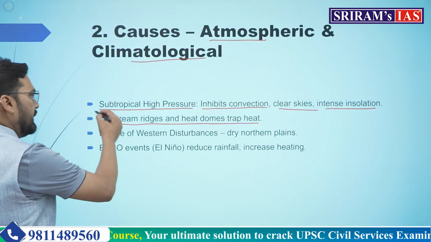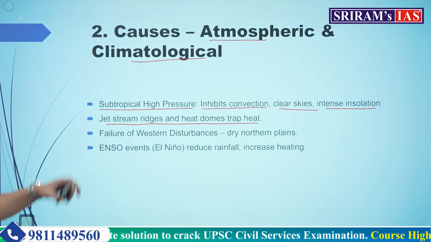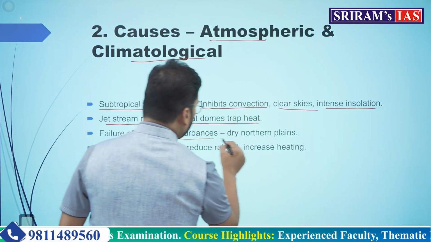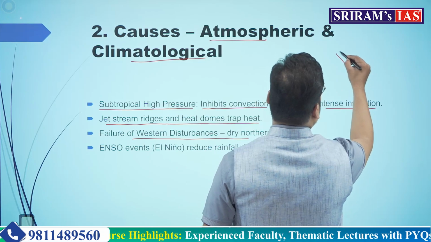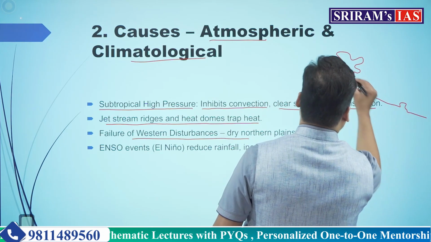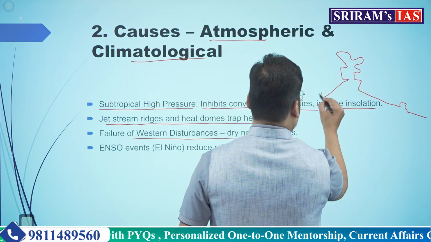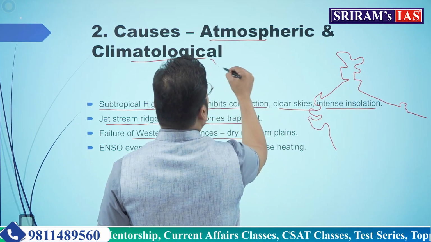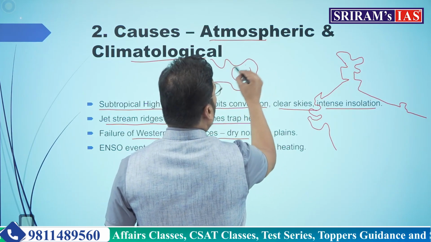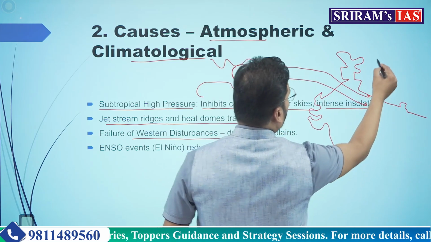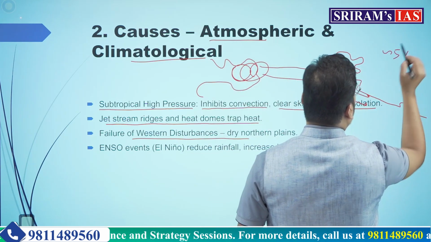So there are two: subtropical high pressure conditions, jet stream. Then failure of western disturbances. As you know, suppose this is India. Now in India, from the Mediterranean Sea, a lot of temperate cyclones keep traveling towards India, which also cause around 5% of rainfall in India.